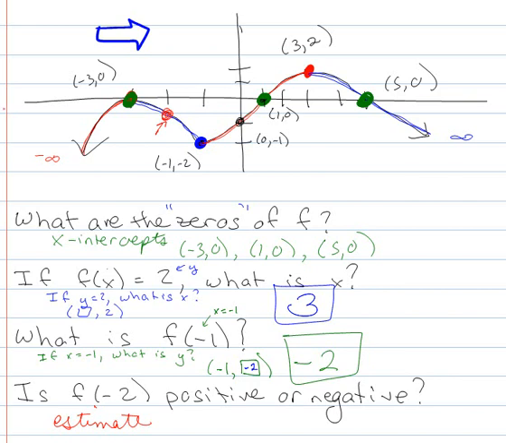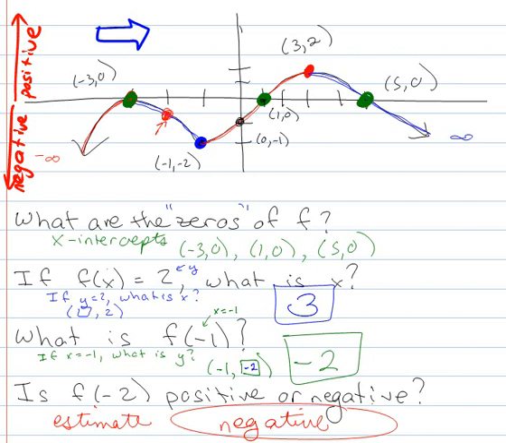Remember that anything down here on the underside is negative, because this is referring to what the y value is. And anything up here is positive. So f of -2 is going to be under there. So it's going to be negative. And that ought to be plenty to get you going.